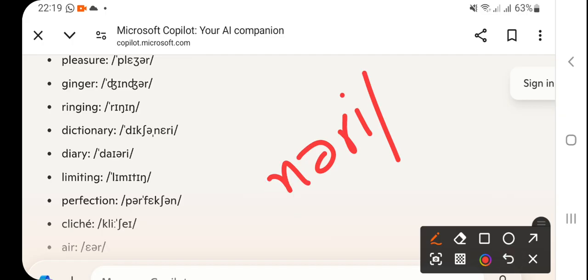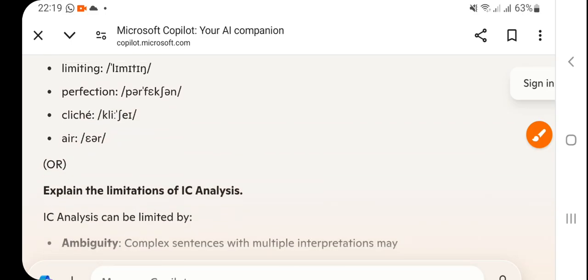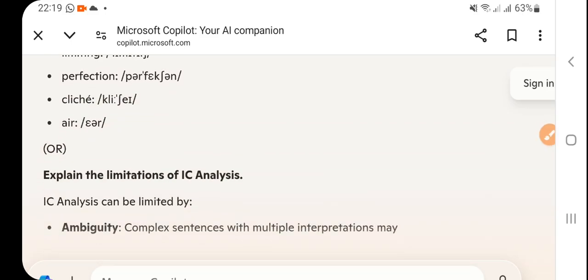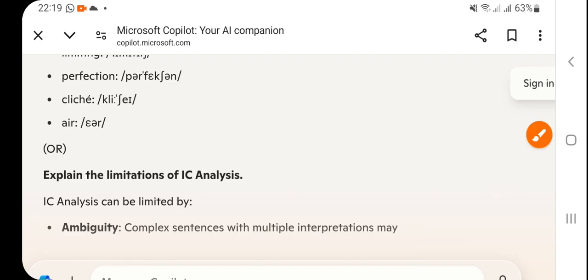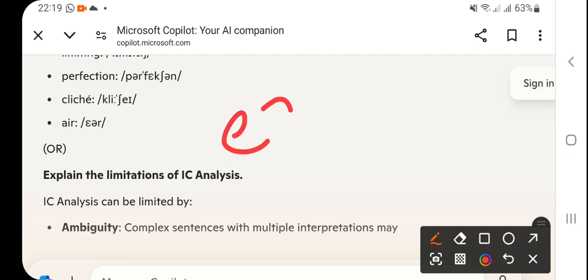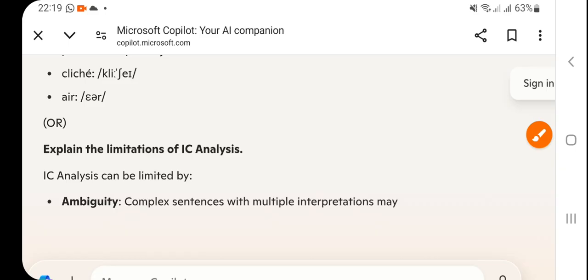Then cliche, then air, as this way also you can write air, this way, air. Okay, now ambiguity. Okay, so that is something we had discussed, right? And then if you have any confusion, please ask me. Thank you so much.